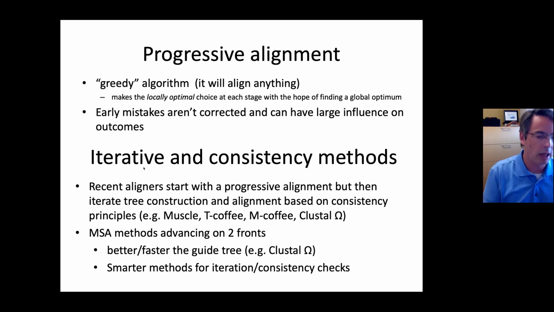That's the iterative part. Whatever that modification is varies between Clustal, MUSCLE, and the different flavors of MAFFT, the different models in MAFFT.